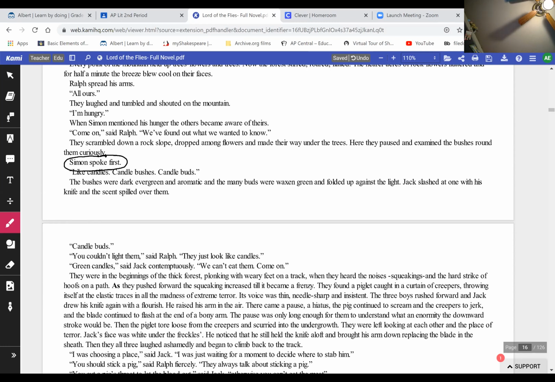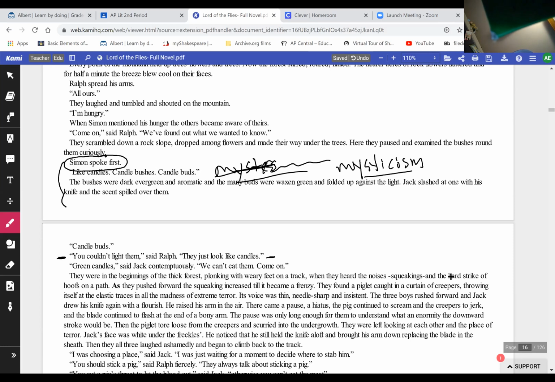Ralph sees things, but there's a mysticism, I guess you would say, kind of a poetry with him. Like he sees the beauty in things. This kid's Simon, and that all comes up later on.